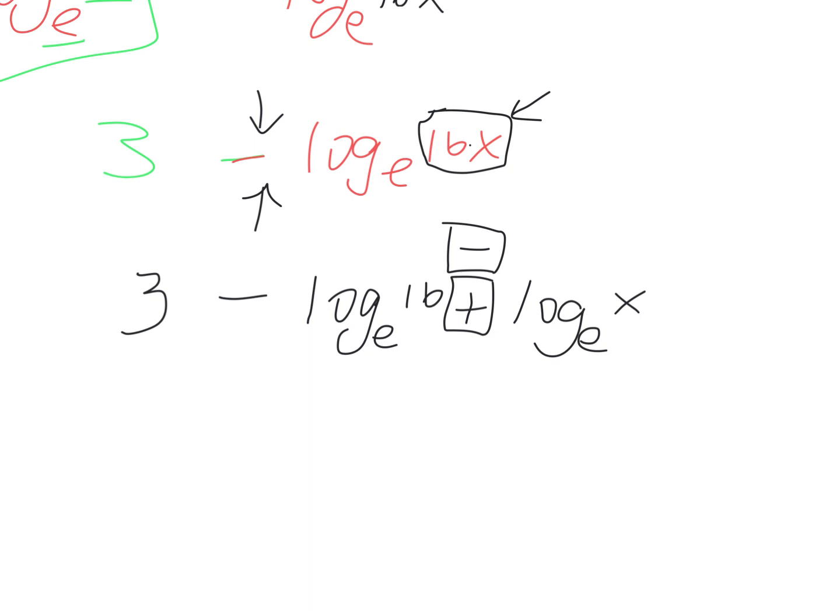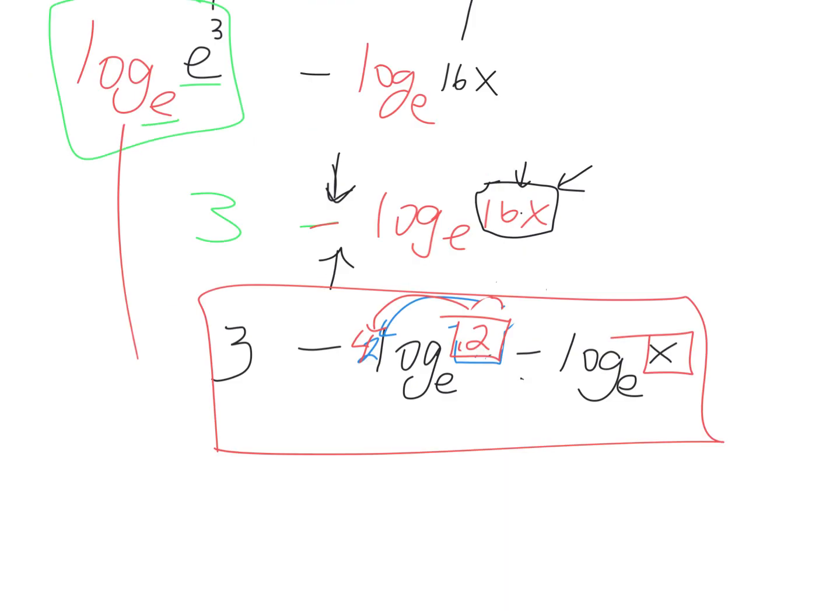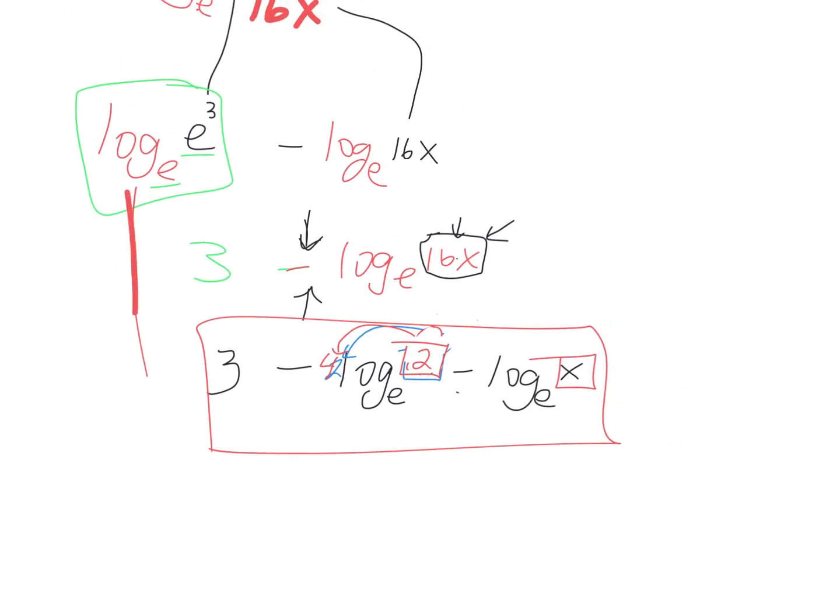Decide. What do you think it is? Talk to the kid next to you. Do you think it's plus or minus? I'll pause while you debate it. So this part turned into 3. This part feels wrong that it's a minus there, but it's because this is a minus and it's like there's a parenthesis there, and you're going to distribute the minus to both parts.